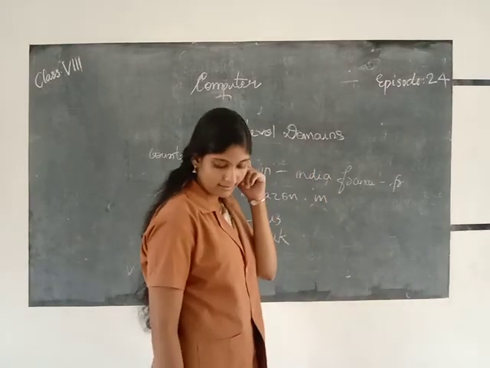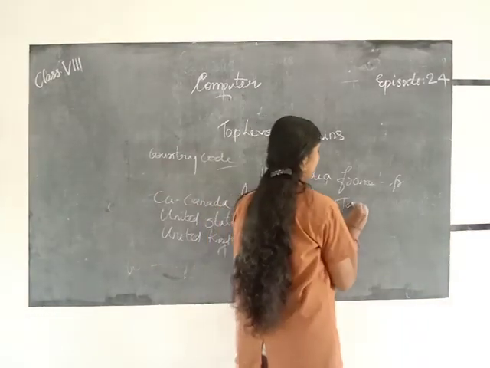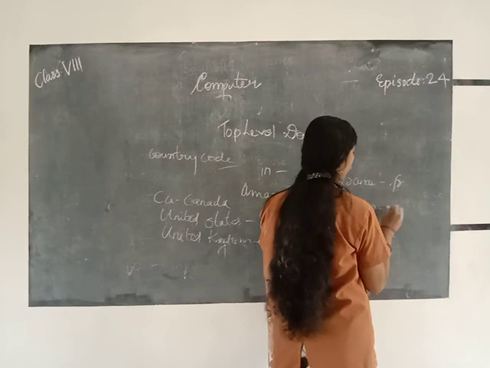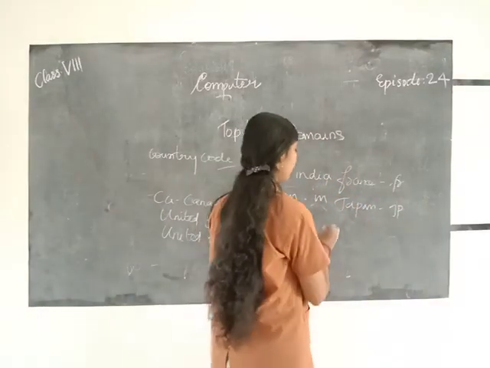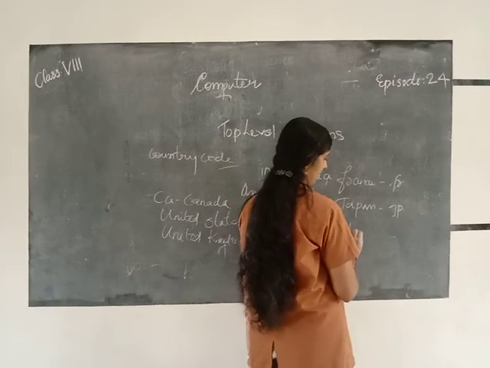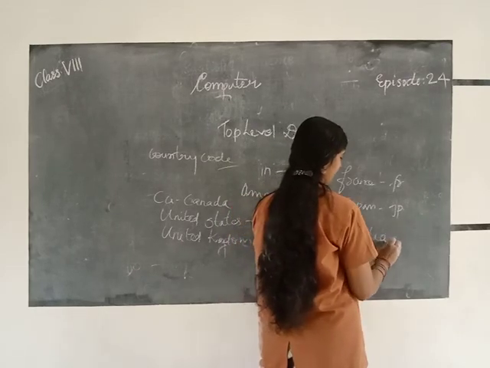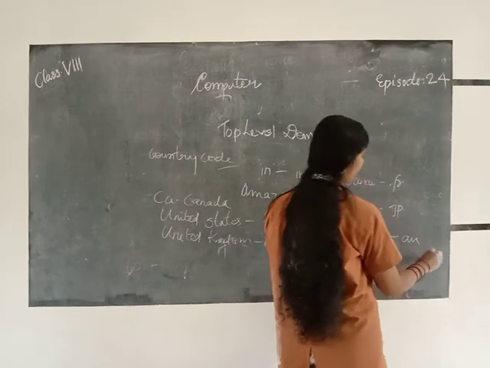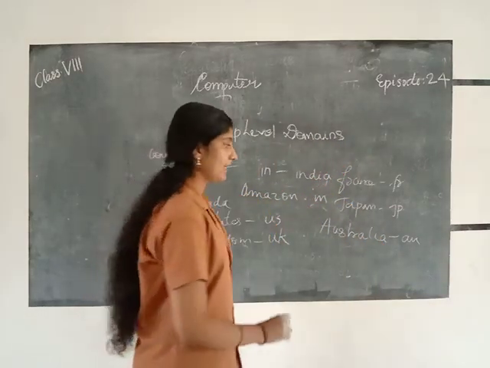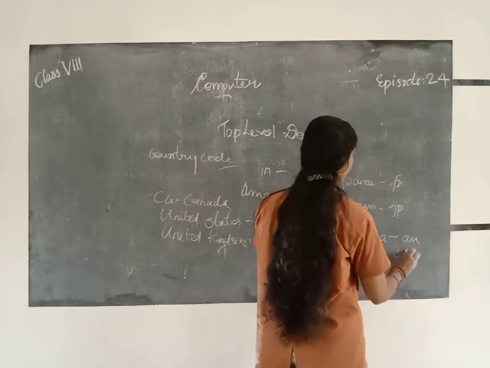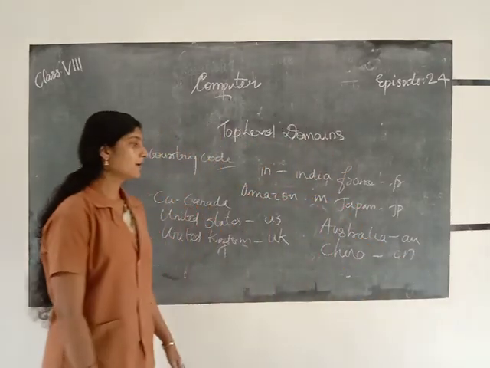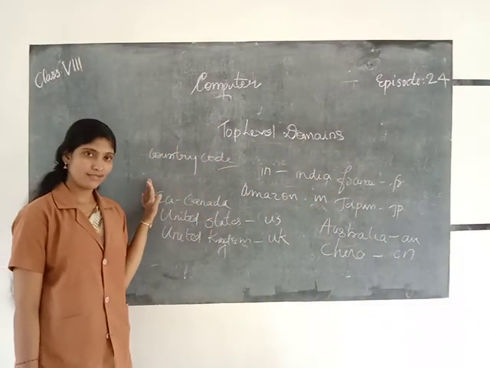Then next, Japan, JP. Then next, Australia, AU. Last one, China, CN. So we can also include the country codes in the URL.